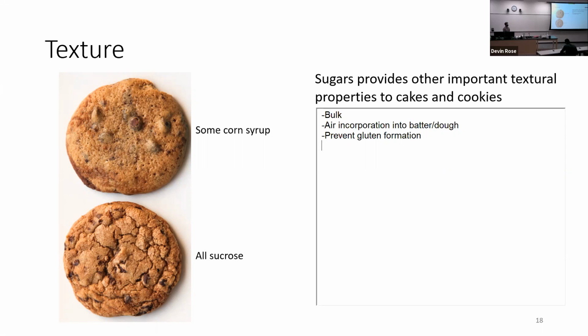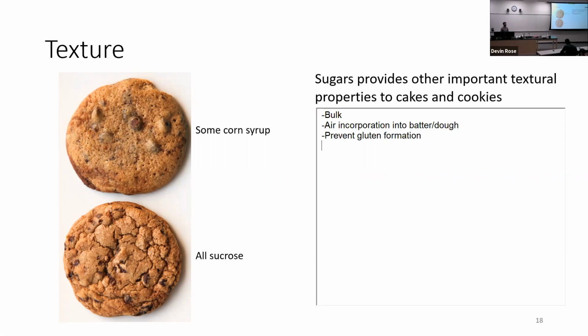So gluten formation is really important for breads. That's what makes that dough elastic so that it can trap gas during leavening, during yeast activity. But in products like cookies and in products like cakes, we don't want that because it will make them tough.